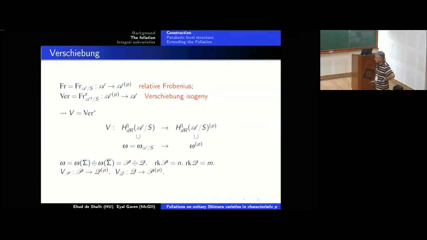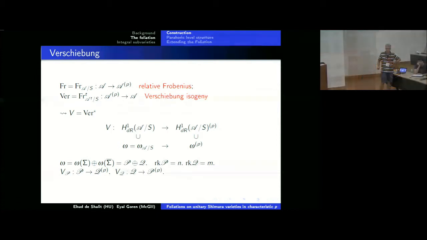And remember that we have the action of the endomorphisms, so omega breaks up as a direct sum of a rank n piece and a rank m piece. Together this is rank n plus m, while the de Rham cohomology has rank twice n plus m, but it breaks up as a direct sum. Each is a vector bundle on which O_E acts via the identity or via the complex conjugation.